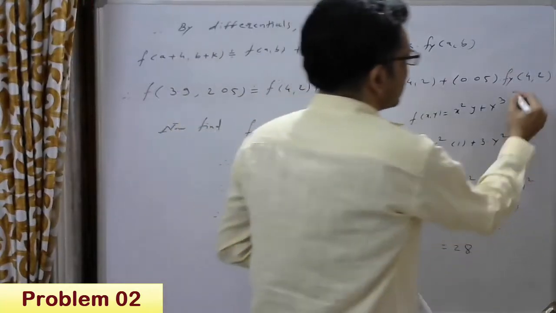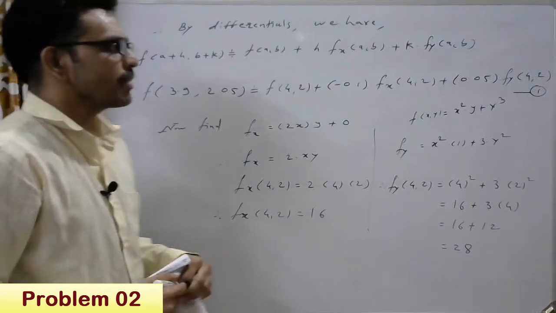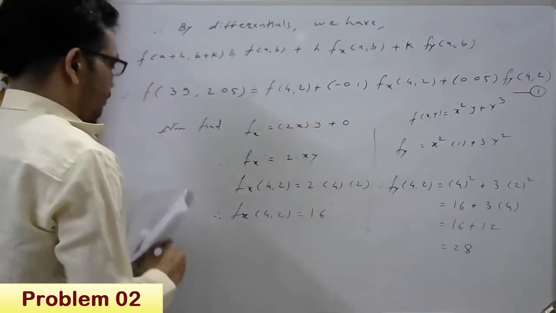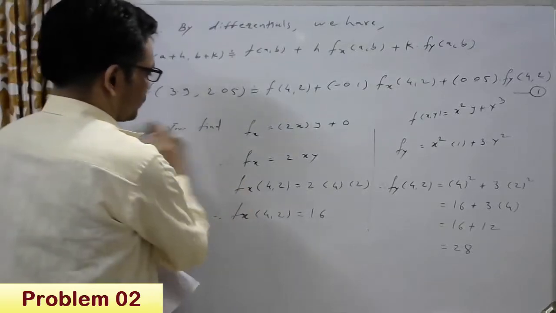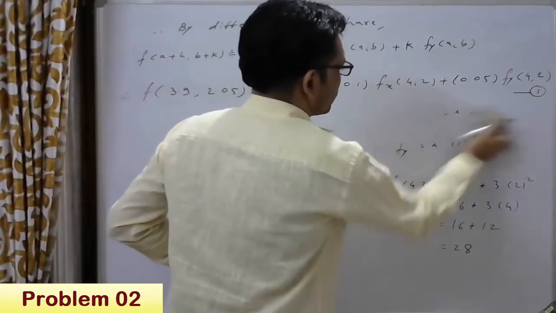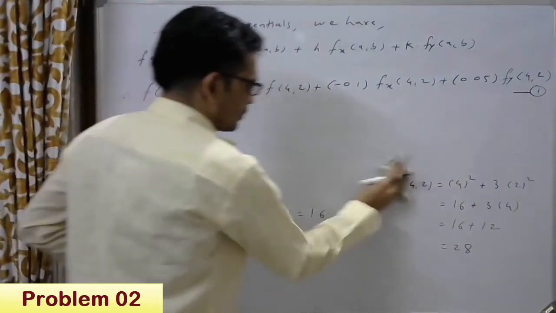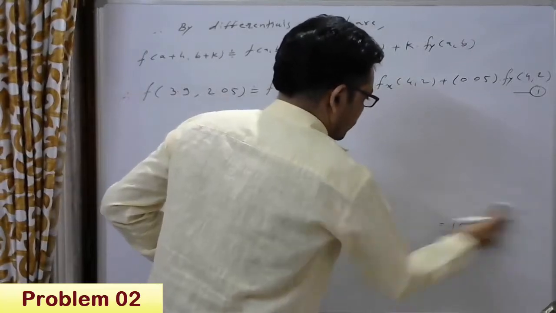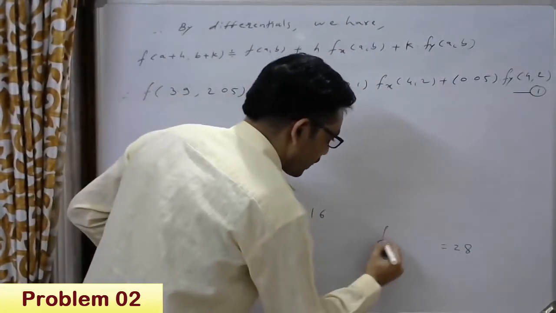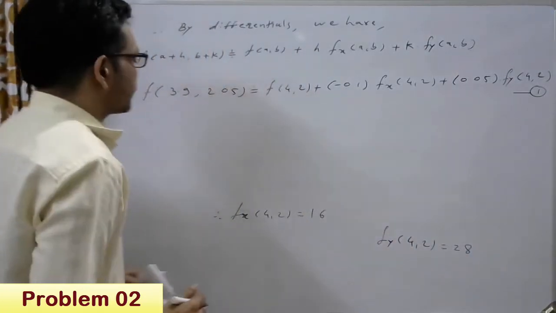Say this is equation number 1. Therefore, from equation 1, f_y at the point (4, 2) is equal to 28.